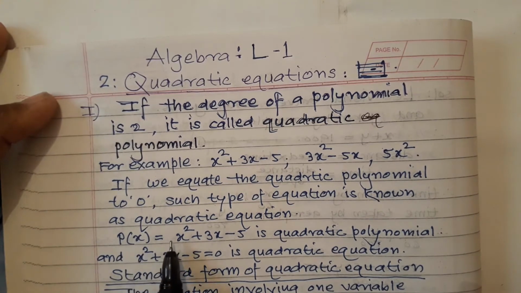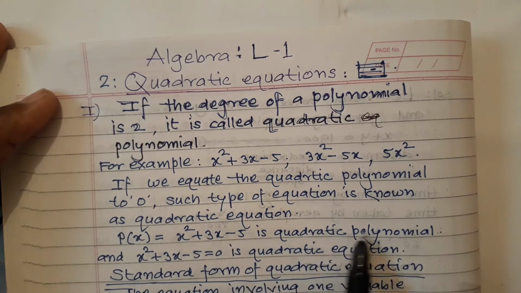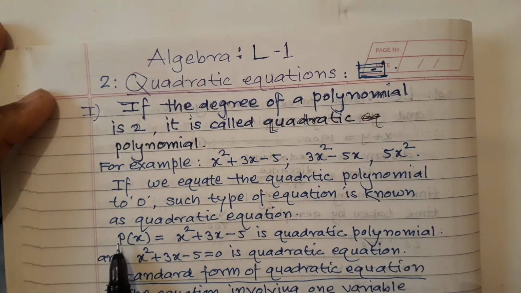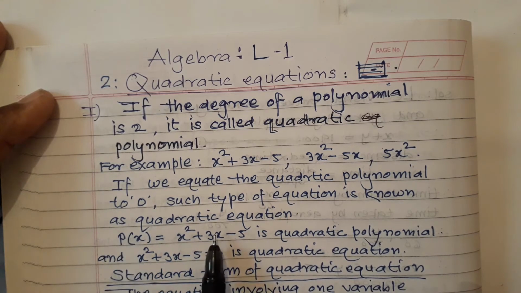So p(x) is equal to x square plus 3x minus 5 is a quadratic polynomial. Here p stands for polynomial and x stands for the variable. So p(x) means polynomial in variable x.